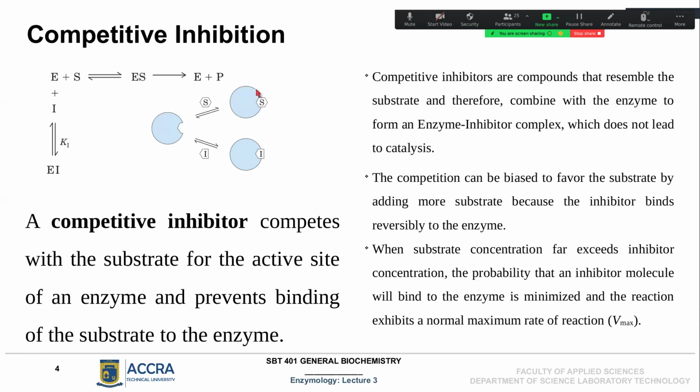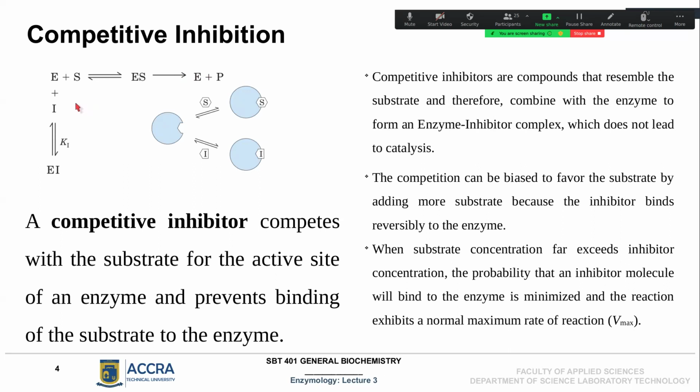And then the reaction proceeds where you have a product out of that reaction, and when that product is dissociated from the enzyme, you are left with the free enzyme to catalyze another reaction, or to bind to another molecule of a substrate for the reaction to continue.